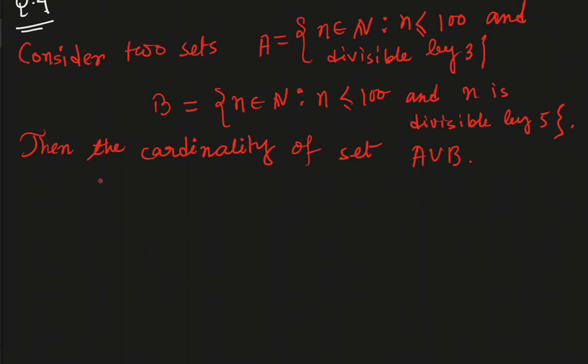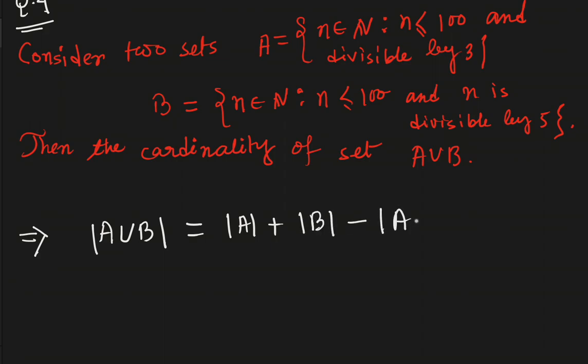First we have to use the following corollary: the cardinality of A union B is equal to cardinality of A plus cardinality of B minus cardinality of A intersection B. So what is the cardinality of A?